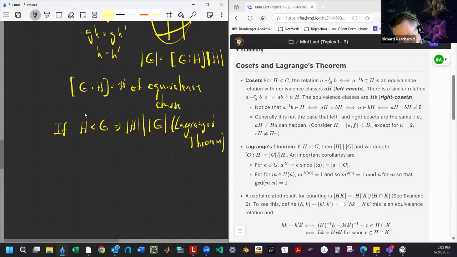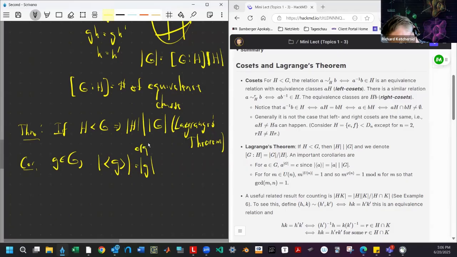Let's call this a theorem. This is the actual Lagrange's theorem right there. Let's get this corollary. If we take an element g in G, then the subgroup generated by g is a subgroup, so the order of g divides the size of G. By the way, sometimes this is written as O(g) too.